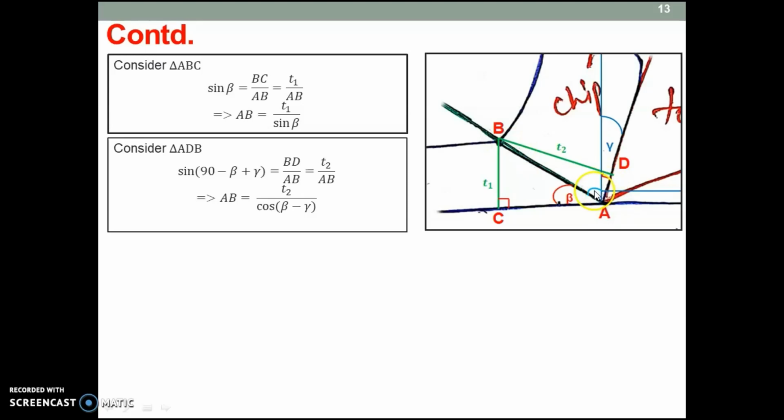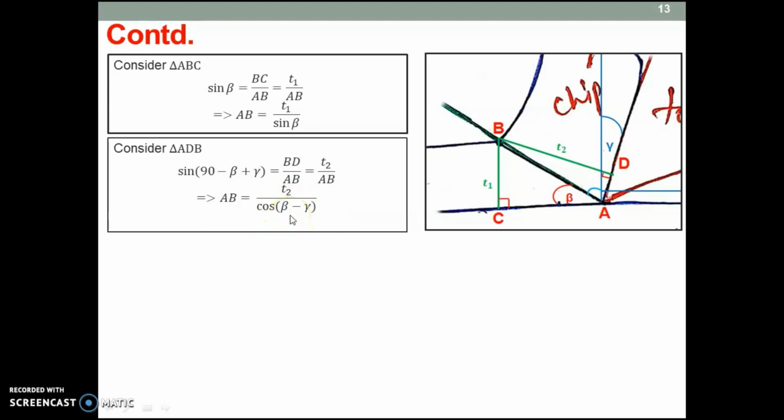So sine of 90 minus beta plus gamma is equal to, again in the same way, the perpendicular, that is T2 or BD, by the hypotenuse, that is AB. So sine of 90 minus beta plus gamma equals BD by AB. What is BD? BD is T2, the curve thickness.